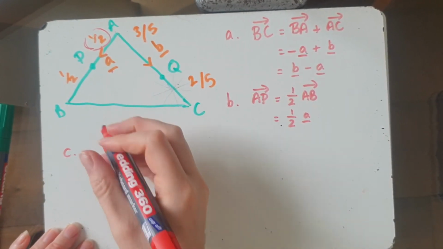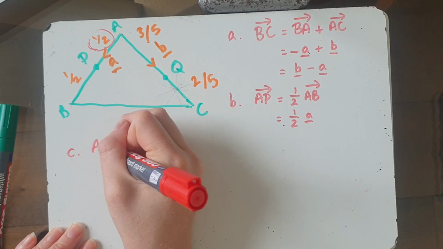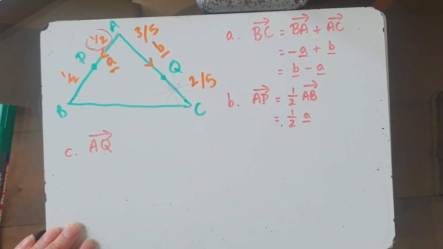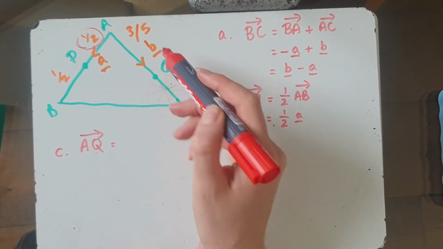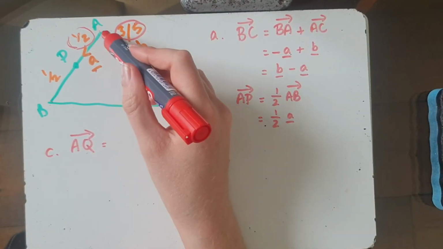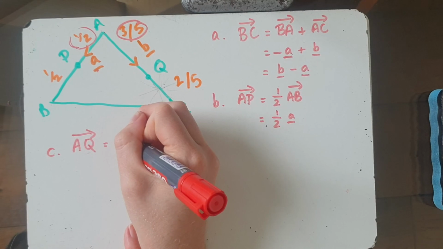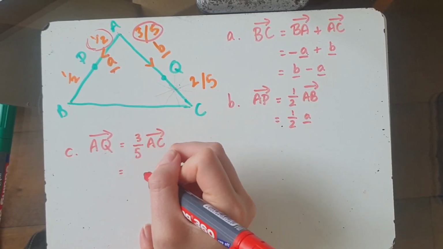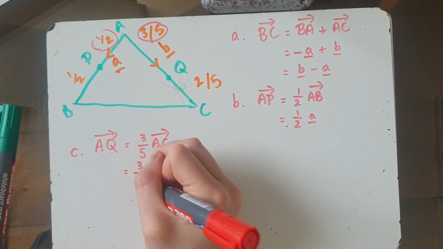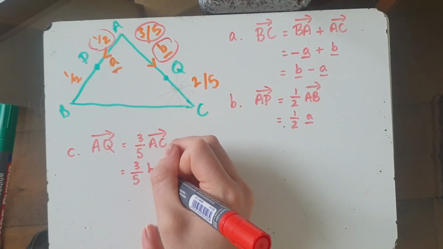Part C, we are finding the vector AQ. AQ is 3/5 of AC, so it's just 3/5 of vector b.